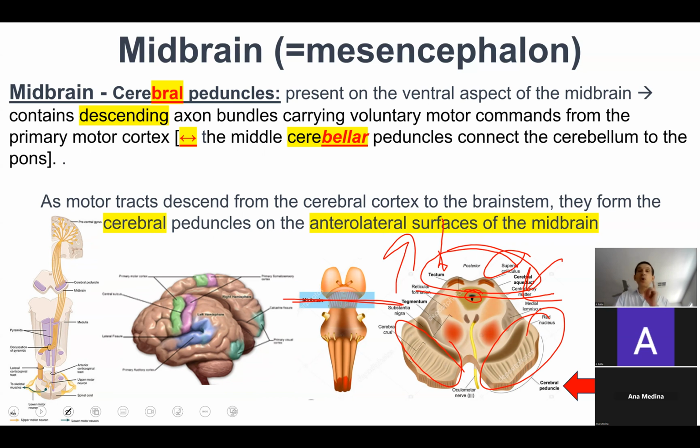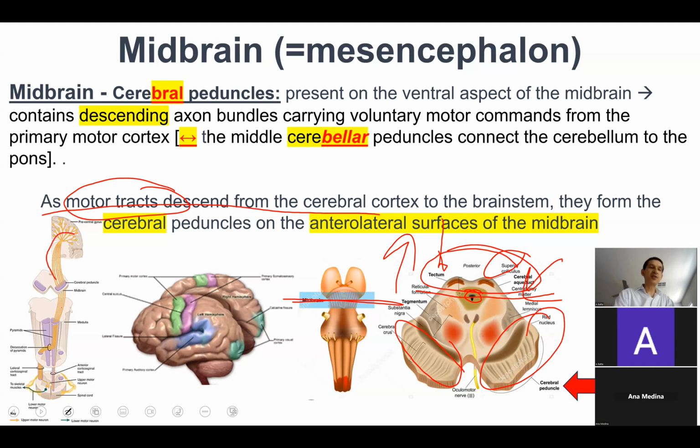peduncles, cerebral, not cerebellar, cerebral peduncles, because this is where the motor tracts, projections of axons from the gray matter nerve cell bodies in the prefrontal cortex, originate. The axons are wrapped with myelin.